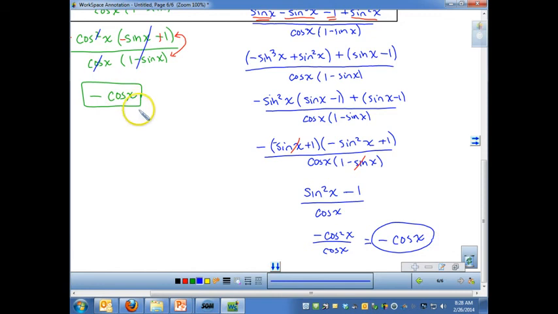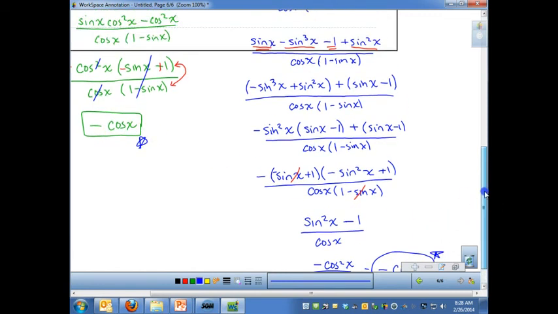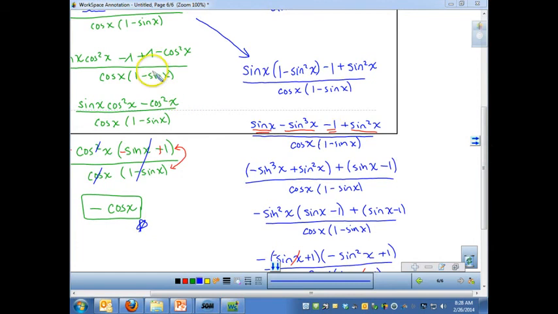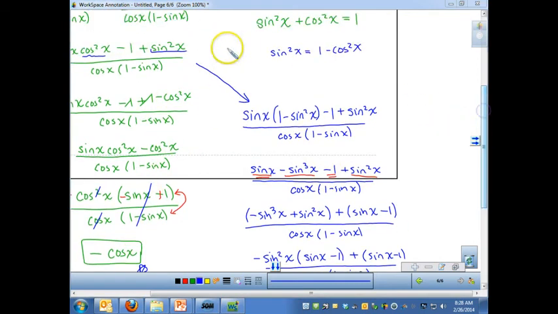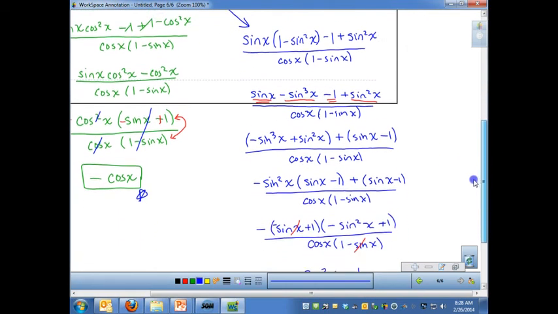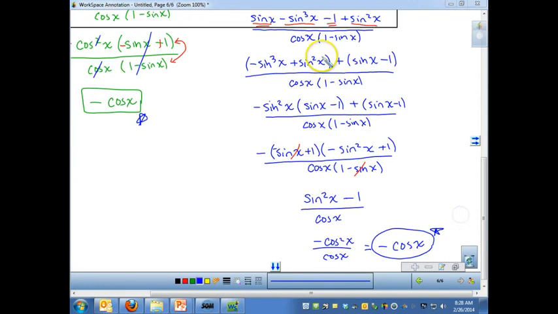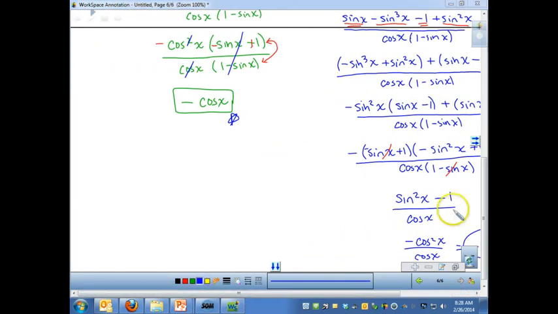So we got the same thing again. I got negative cosine of x here, negative cosine of x here. Notice that it took me a lot fewer steps when I replaced the sine squared with 1 minus cosine squared. By replacing the cosine squared, it took me a lot more work, a lot more algebra and factoring. Doesn't make this answer wrong. It just was a different way to get the same answer.